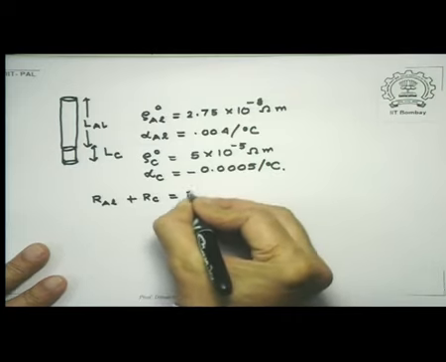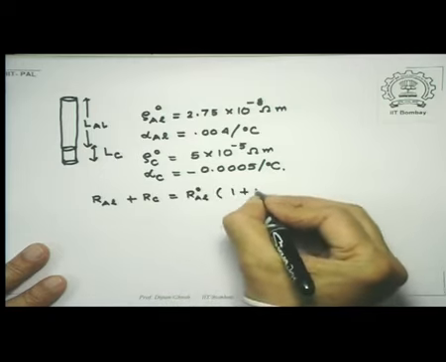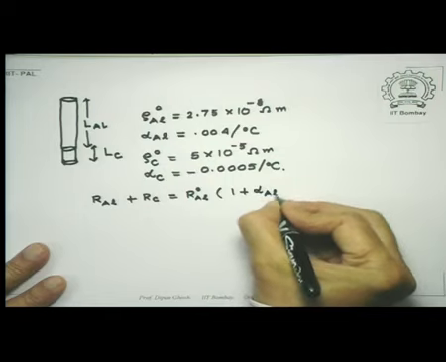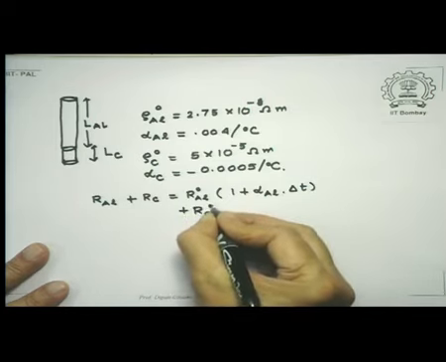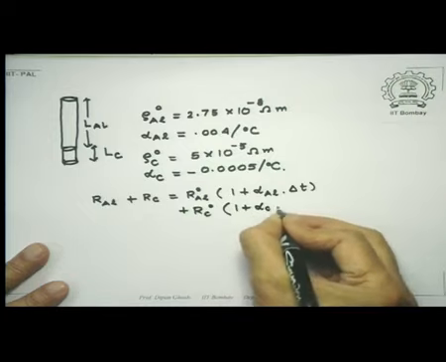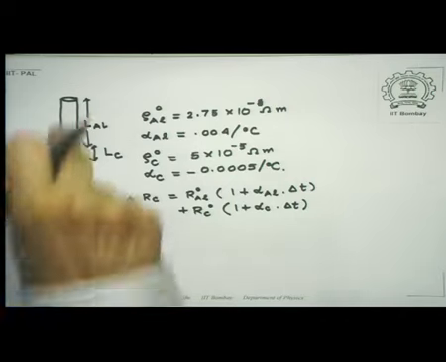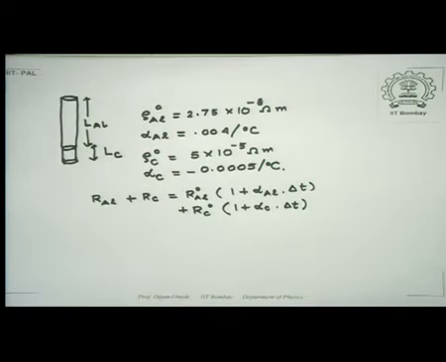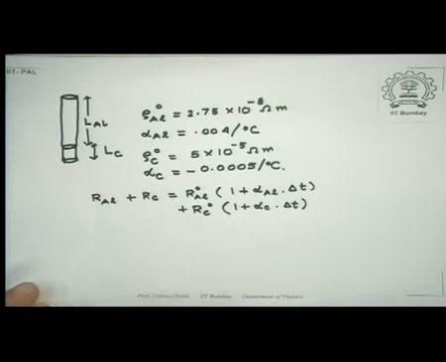So I get resistance of aluminum at 0 degrees into 1 plus alpha Al into delta T plus resistance of carbon at 0 temperature, 1 plus alpha carbon into delta T. Now, what we are essentially looking for is what should be the ratio of the length L aluminum to L carbon such that this quantity is independent of temperature.